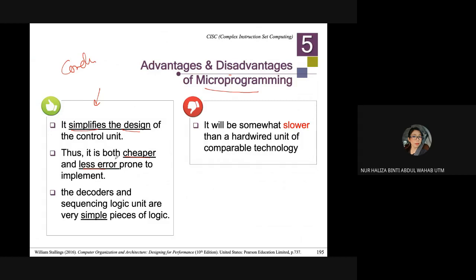You need to do all the sequential circuit again, and maybe there is a short in your circuit. Also, you need to buy extra circuits and so on. That's why microprogramming is much cheaper. The decoders and sequencing logic unit are very simple pieces of logic.